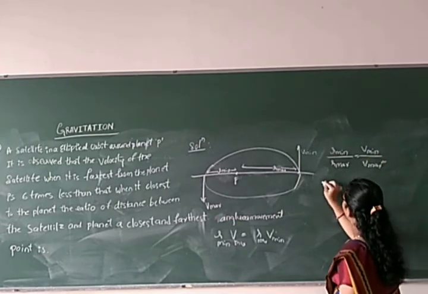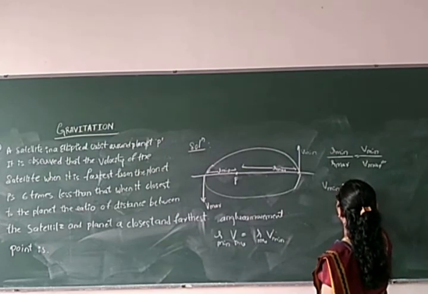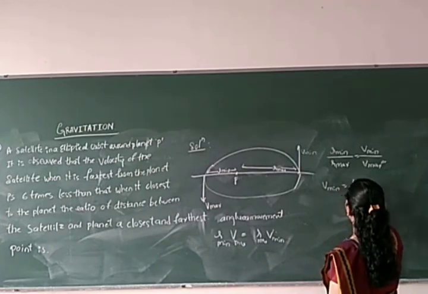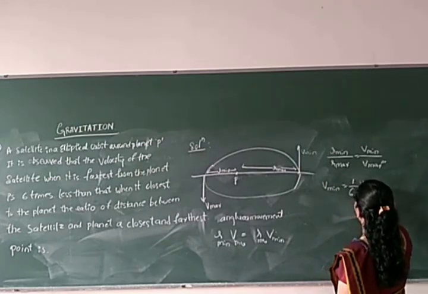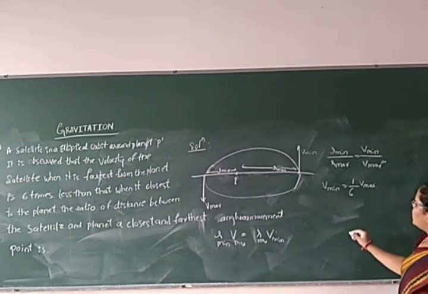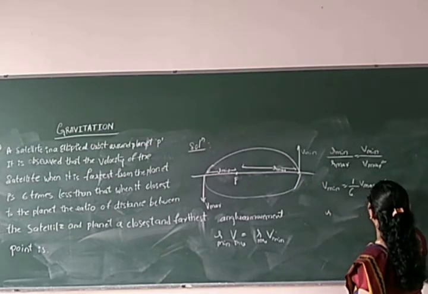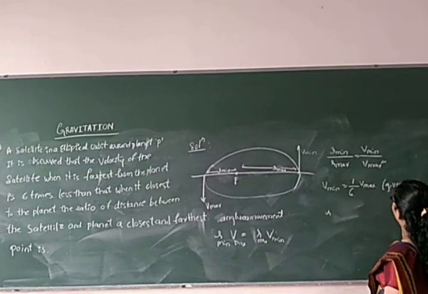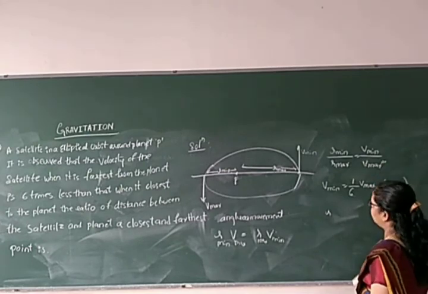It is already given here that v minimum is 1 by 6 times the velocity maximum.